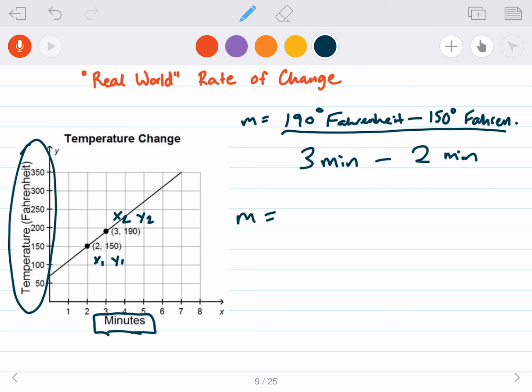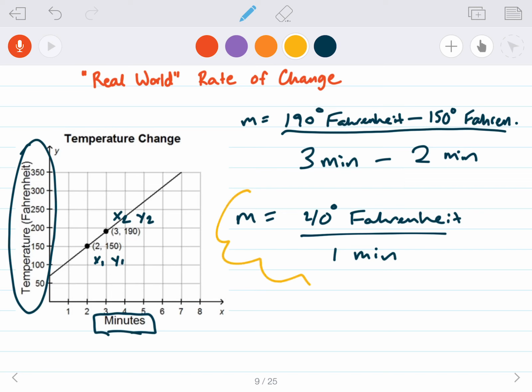Now, what is this telling me? On top, I end up getting 40 degrees Fahrenheit, and on the bottom, I get 1 minute. The question I pose for you all is, what does this rise over run that we just found mean? 40 degrees Fahrenheit per minute.